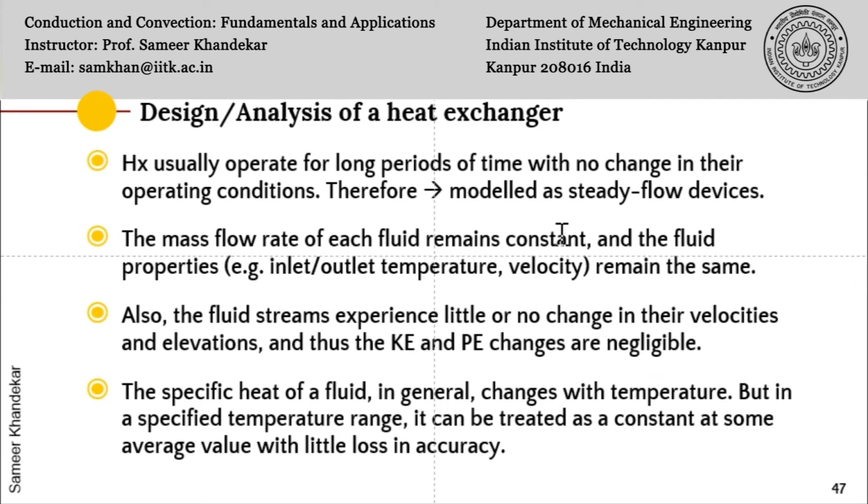Typically pumps are used to supply the liquid, and the mass flow rates are not moderated very frequently. But sometimes there is a change in the river water temperature, for example, and then the mass flow rate may have to be changed. But for most practical purposes, for hours together, the inlet velocity or the mass flow rate of the cold and the hot fluid will remain identical for a continued period of time.